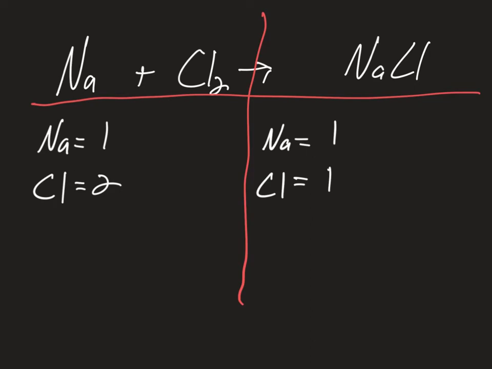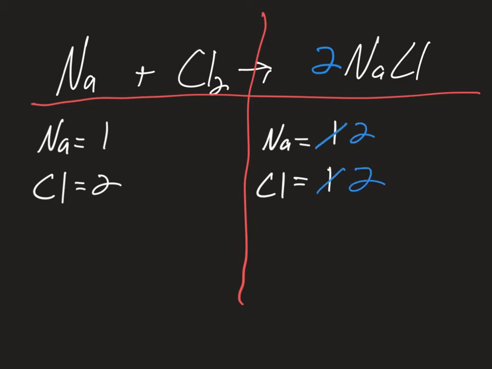And that's okay because we haven't done the third step, which is add our coefficients to balance. Now, to balance this, I can't add any number to chlorine to make it less, because we only do coefficients of whole numbers. So I'm going to have to go ahead and add a coefficient to sodium on my product side. So let's do this in blue. If I add a 2 here, right, I now change all of these, so that makes that a 2 and that a 2.